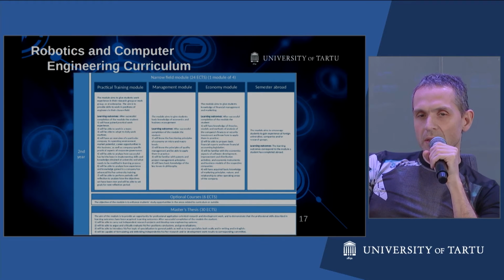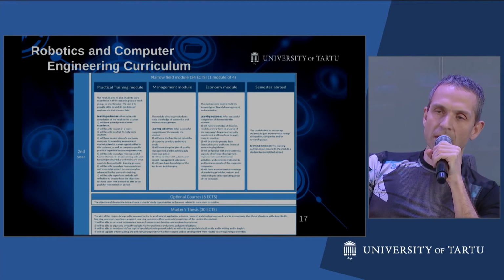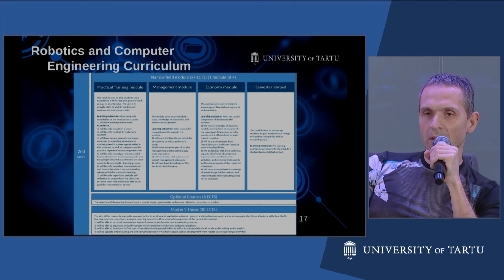The next part is the narrow field module. It's divided into 4 separate modules. You have to pick one of them. The first one is professional practice. It's a total of 24 credits, and this means that, strictly speaking, you have to go to work at a private company to get enterprise experience.